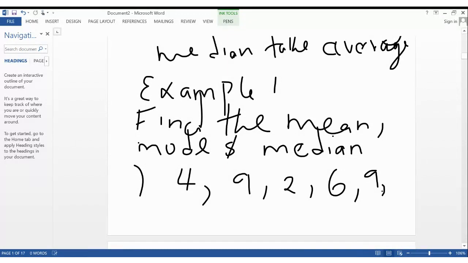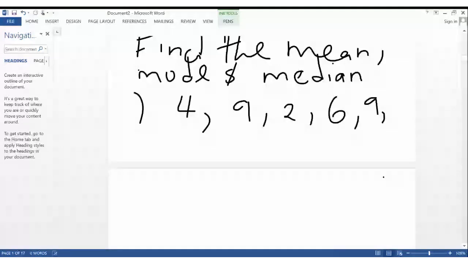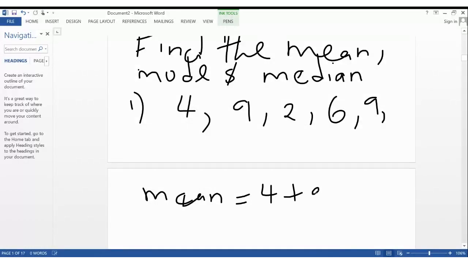Let's do first of all the mean. The mean will be given by 4 plus 9 plus 2 plus 6 plus 9. The total number of numbers that have been listed are how many? 1, 2, 3, 4, 5. There are 5.